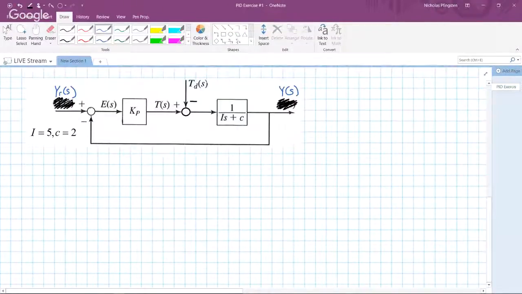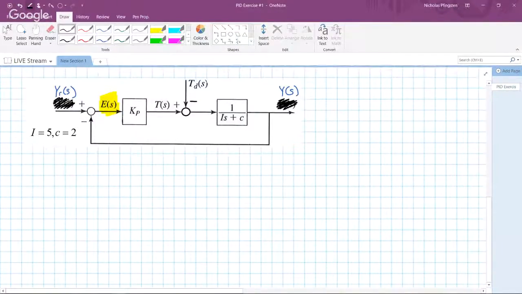So the first thing we're going to think about, we're going to look at each part of the block diagram and figure out what each part means in terms of a mathematical expression. So first we're going to look at the error portion. And for those of you that are following along in systems and controls or even electrical systems at your university, these are pretty simple.